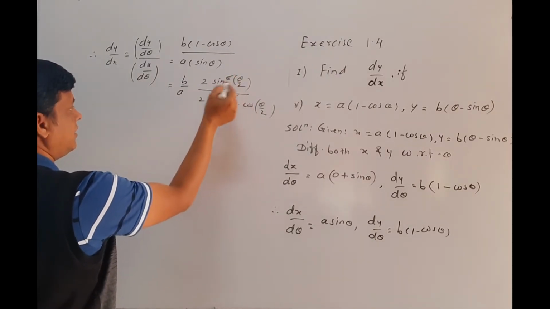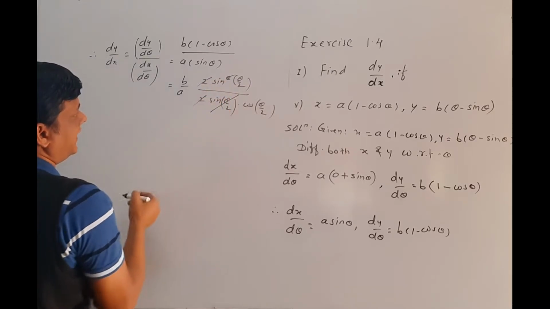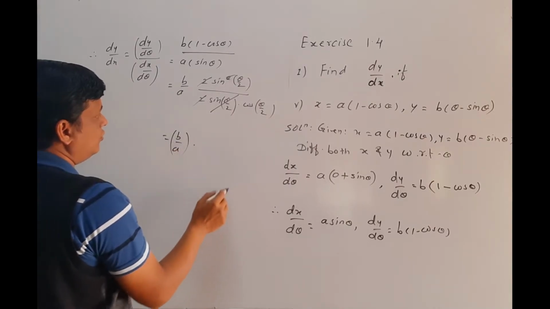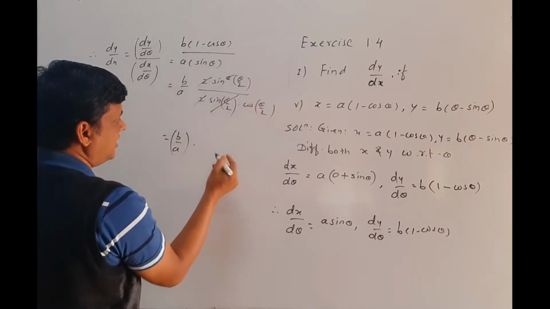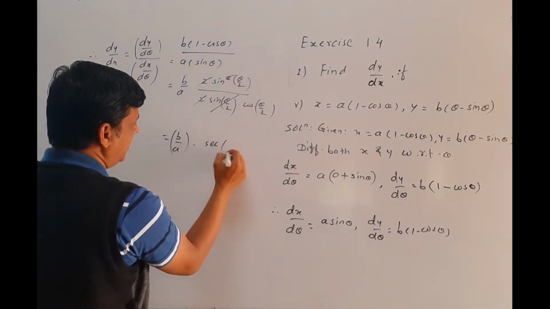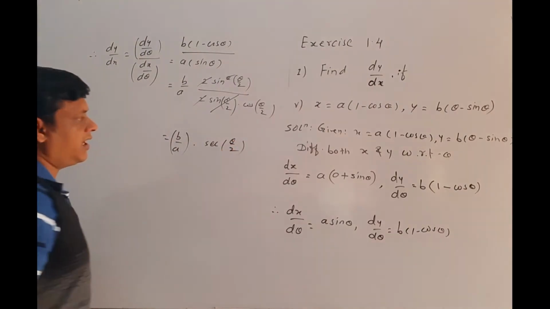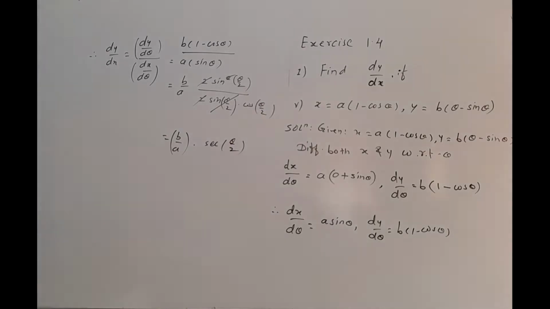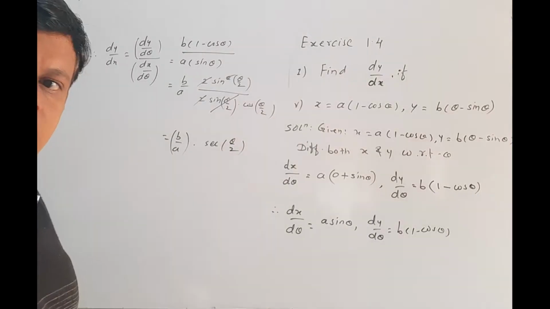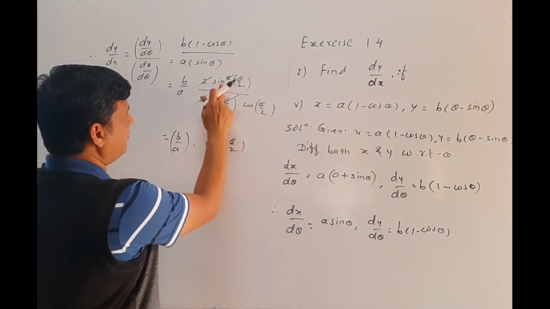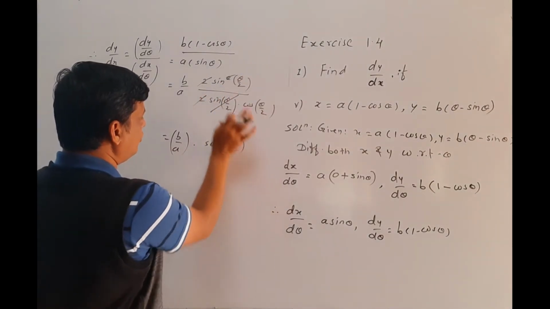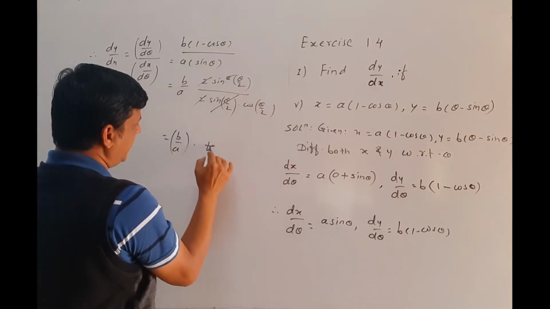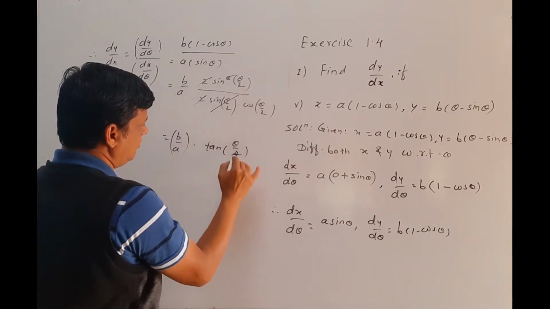Cancel this 2, we write b by a into, so this 1 upon cos theta by 2 can be written as sec theta by 2. Sorry, here one term is remaining, that is sin theta by 2. So we write sin theta by 2 upon cos theta by 2, that is tan theta by 2.